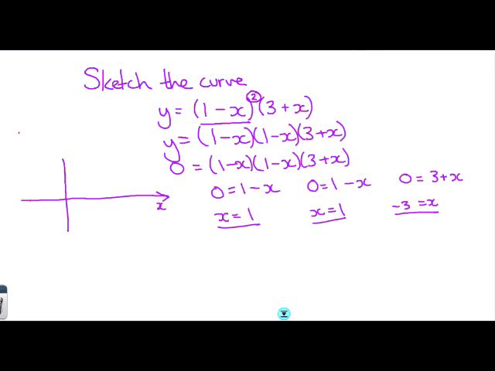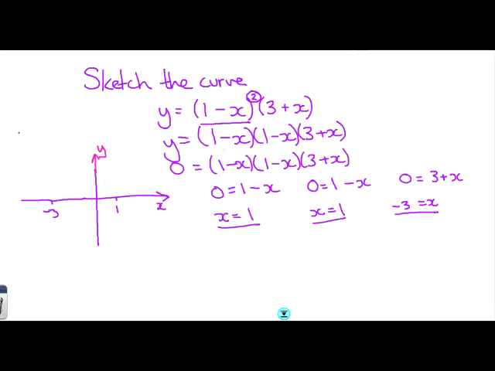So what we're going to have here, now I'm just going to rub out that line and redraw it, and hopefully it doesn't look too bad. There you go, it's a bit better. So we're going to have minus 3, and we've also got a 1. Now, if we put the x coordinate to be 0, that's going to tell us the y coordinate, because all along this line here the x values are 0.